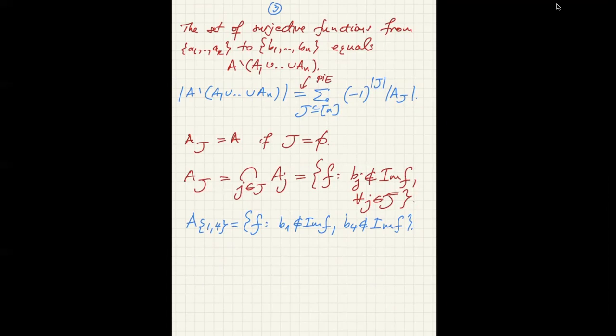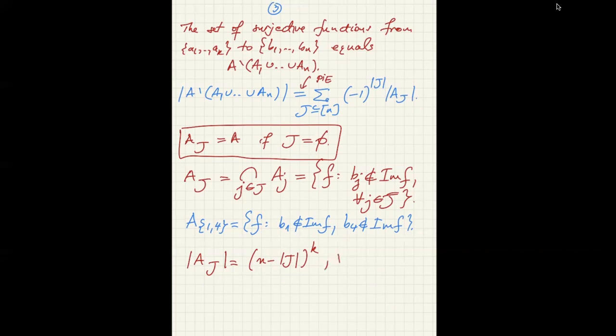Well, from this expression, the cardinality of A subscript J will equal the number of functions from the same domain, from a1, a2, ak, but now in the codomain, we're throwing away cardinality of J elements, namely those b's whose index come from the set J. So from part 1 of this exercise, the cardinality of A subscript J is going to be n minus cardinality of J, everything to the power k, which agrees with the first formula here when J equals the empty set.